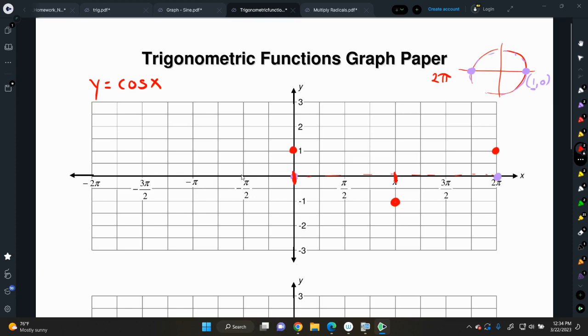Now what's happening with the cosine curve at pi over 2? What does it equal? 0. Halfway between pi and 2 pi, we're at 3 pi over 2. What's the cosine at that point? 0. So my cosine curve looks like this.